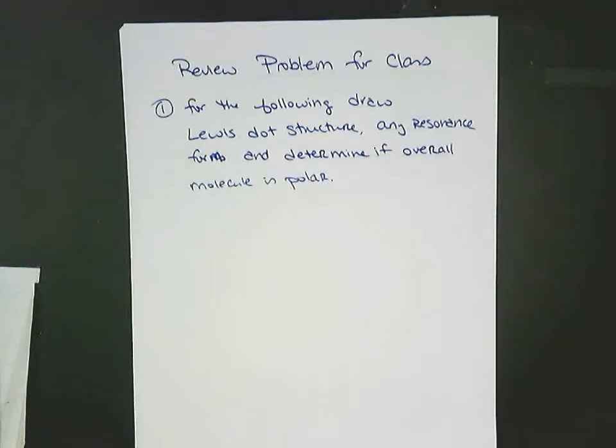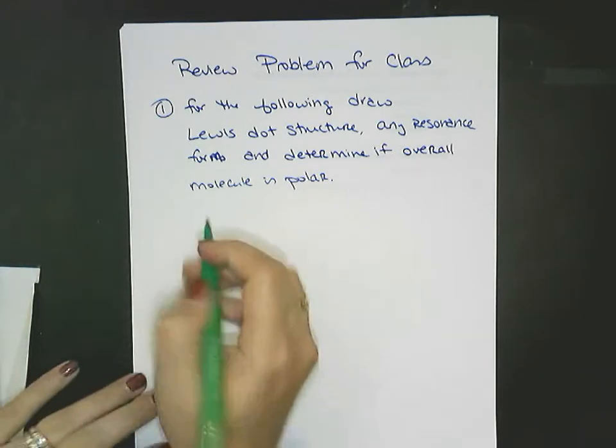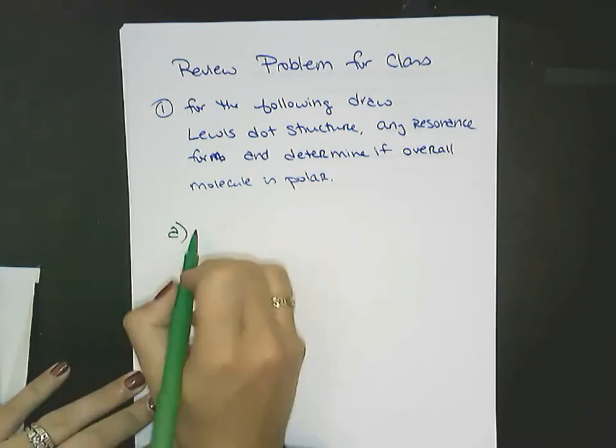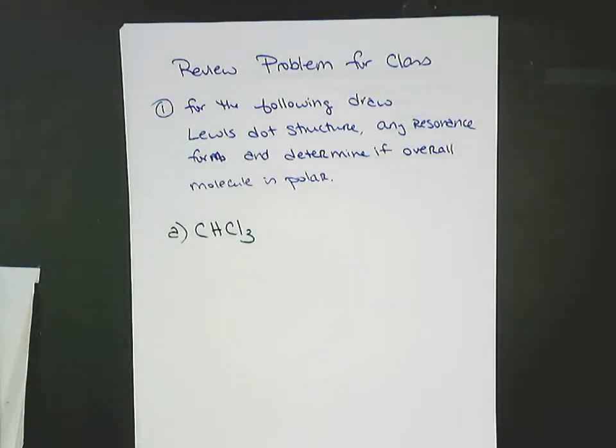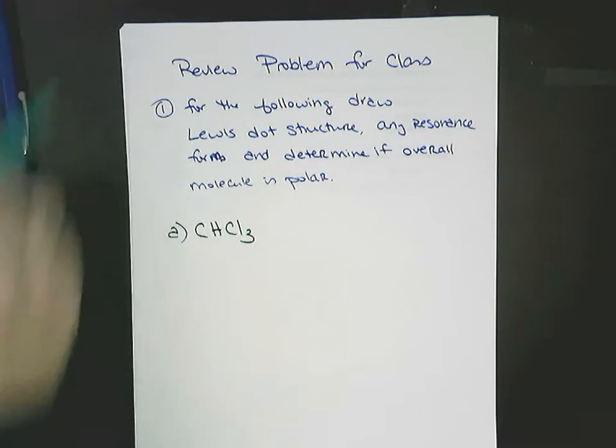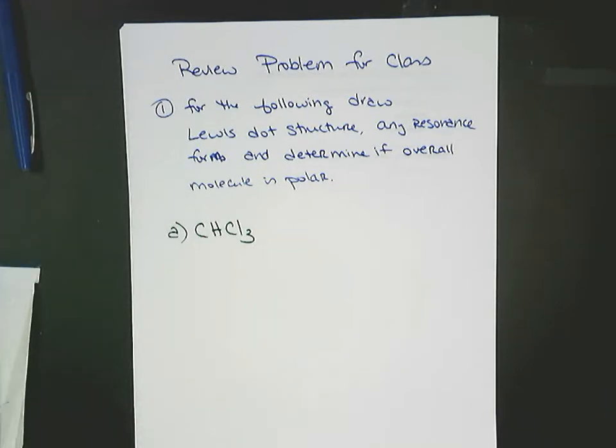All right, so for the following, draw a Lewis dot structure. If it has resonance forms, draw them. It may not have any resonance forms. And then determine if the overall molecule is polar. Let's do that one.